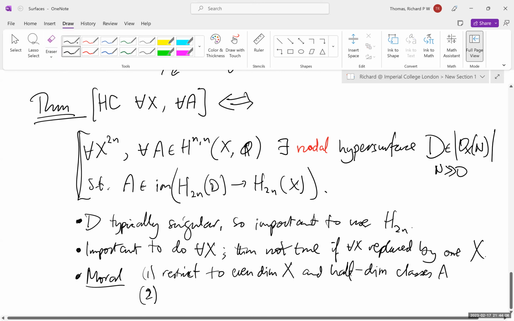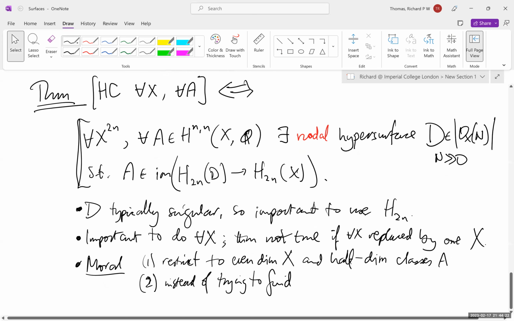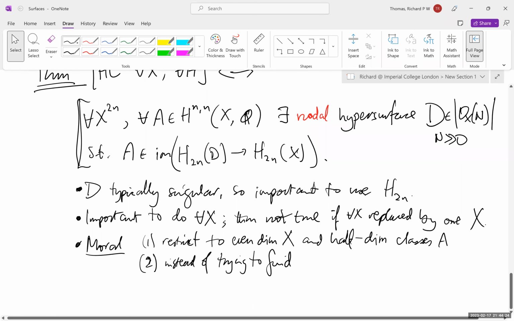But the second thing, which is more striking, is that instead of trying to find a whole bunch of algebraic equations cutting out a representative of A, so if A is codimension n, then usually you'd require more than n. It won't be a global complete intersection, so you'd need more than n equations.